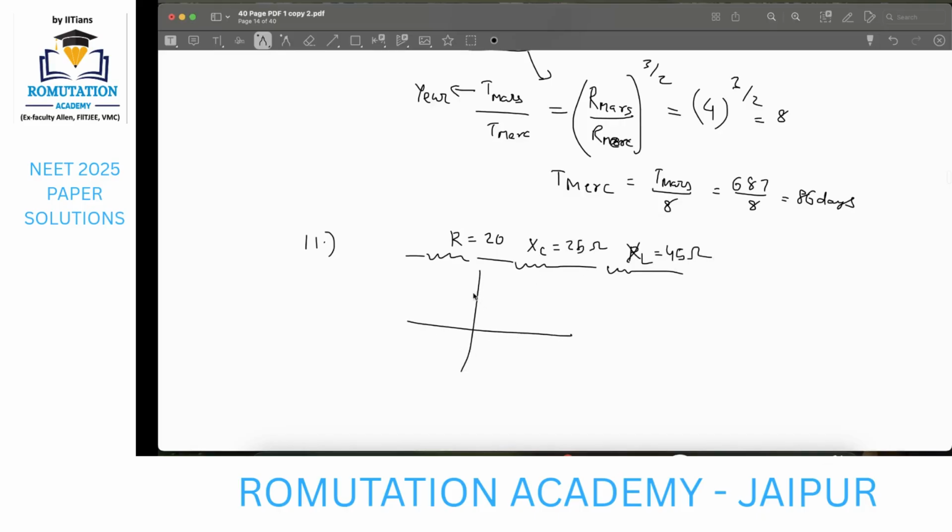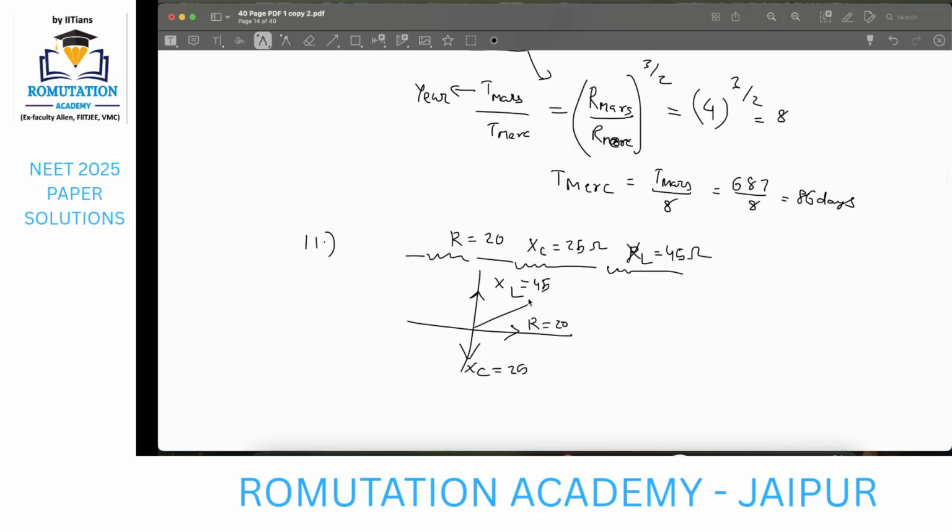If I try to draw these values as a phasor, XL, XC, right? So if I take this number, definitely I know this is given as 45, this is 20, this is 25.